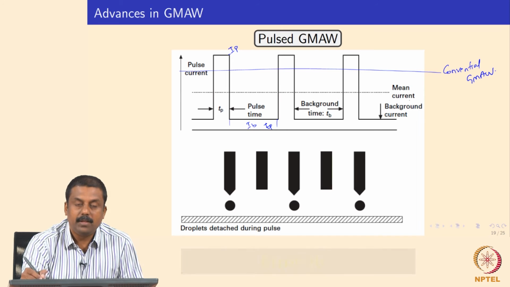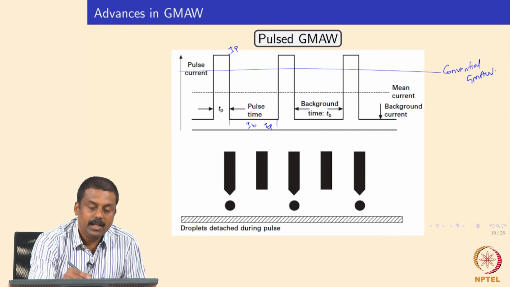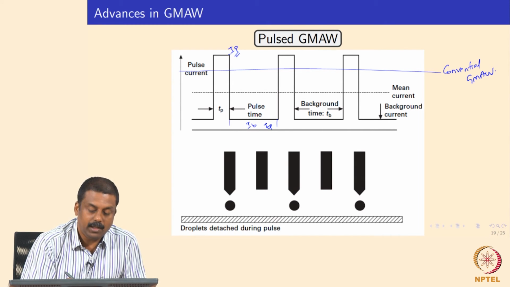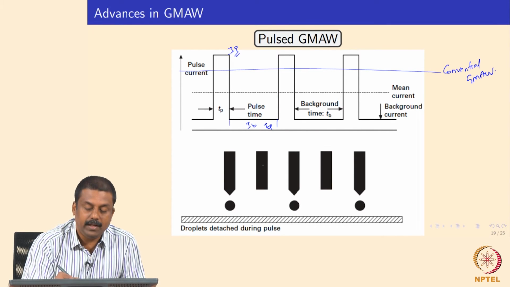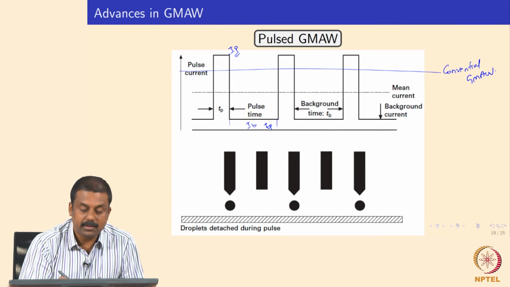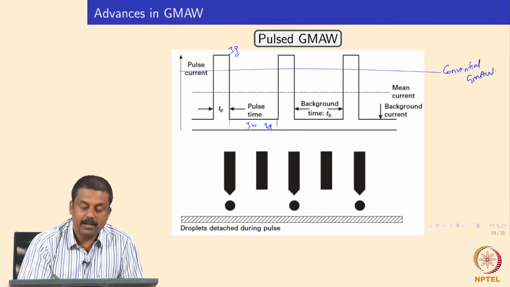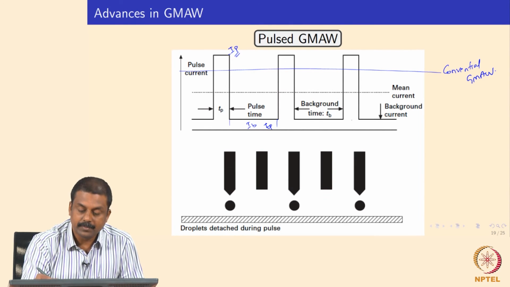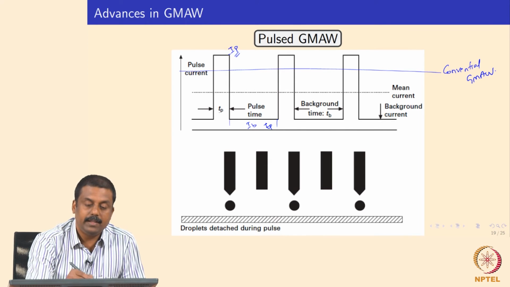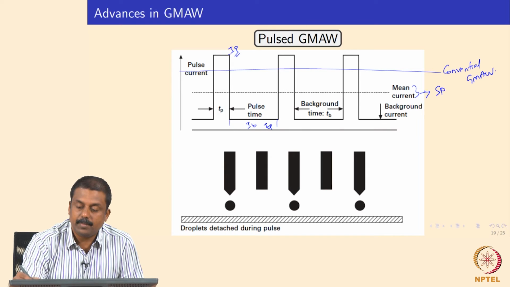So by carrying out such a current pulsing, because of the increased current during pulsing, Ip, you melt the electrode tip and transfer the droplet at this pulsing period, and then in your background period, either you maintain the arc or you can also extinguish the arc, and then when the second pulse is happening, you may again strike an arc, melt the droplet and transfer the droplet at each pulsing period. And because of the nature of the pulsing, the mean current you achieve is sufficient to get a spray transfer.